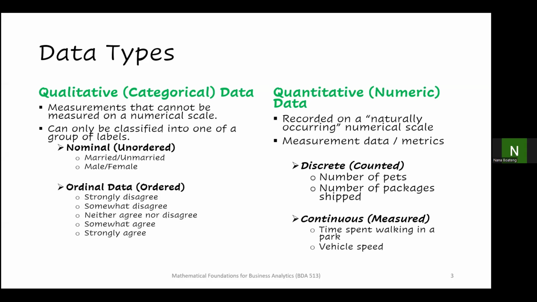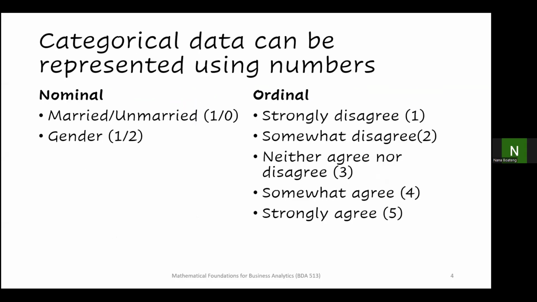You're welcome. So like I said, you can have married or unmarried, which is nominal. It could be represented by 1s and 0s. You could have gender represented by, let's say, 1s and 2s. Let's say 2 could represent male, 1 could represent female, or otherwise. So in that sense, it doesn't make it numeric data.